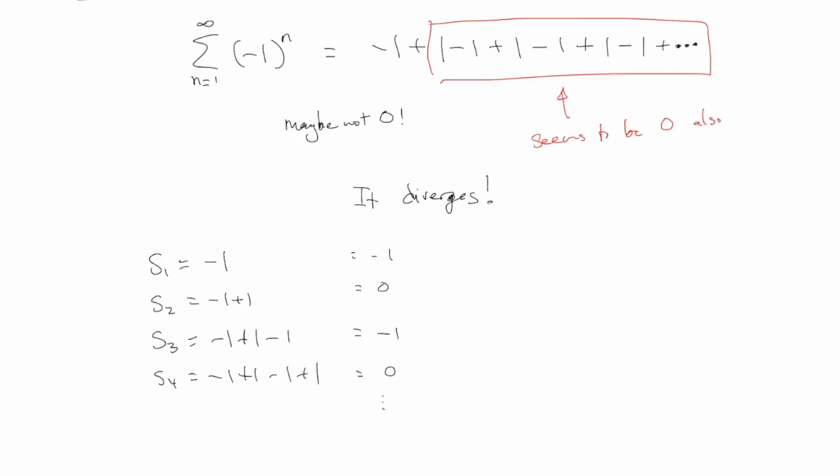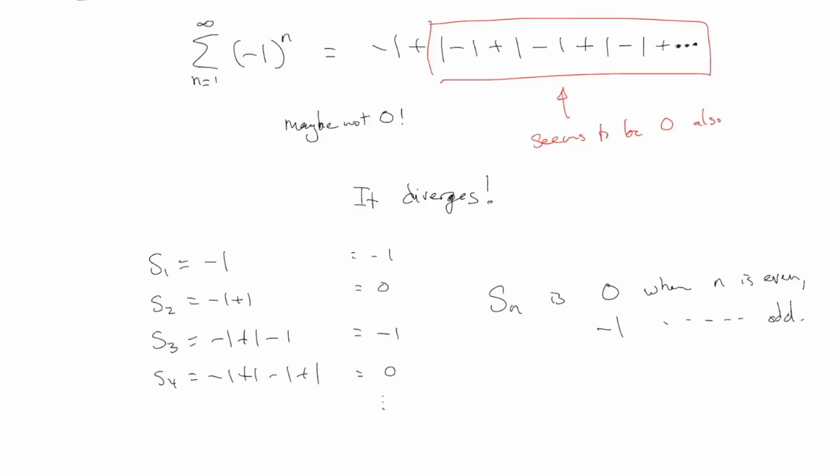So the pattern this time is you either get -1 or 0, depending on whether n is even or odd. Generally speaking, and this is not something you can easily write as a formula, Sn is 0 when n is even, and it's -1 when n is odd.